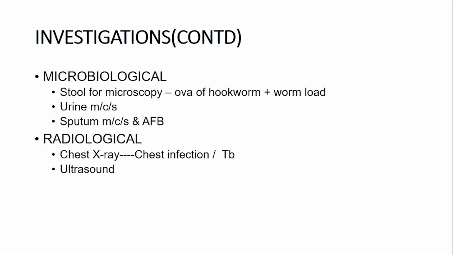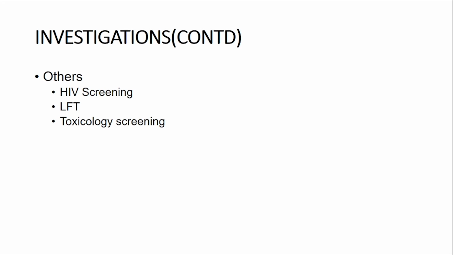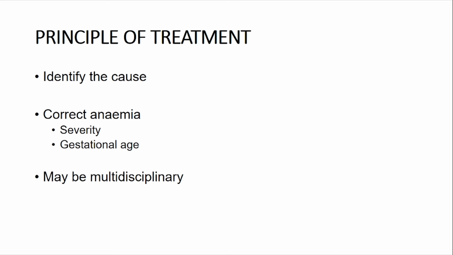Also, radiological investigation: chest X-ray could reveal signs of tuberculosis. And also, ultrasound is germane, which can be used to rule out a complication that could ensue from anemia in pregnancy. For example, intrauterine growth restriction could be picked up from the ultrasound. Other investigations would include HIV screening and liver function tests.